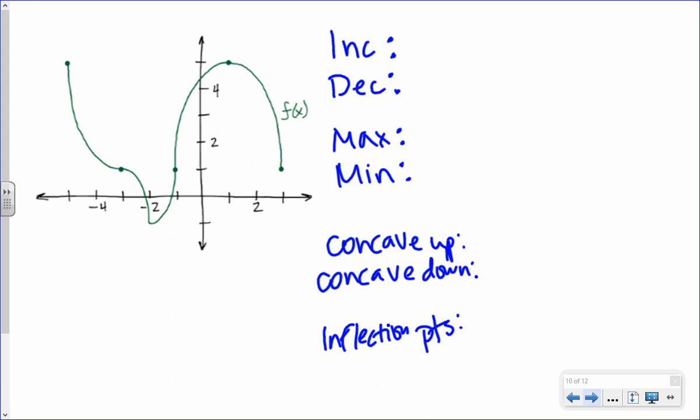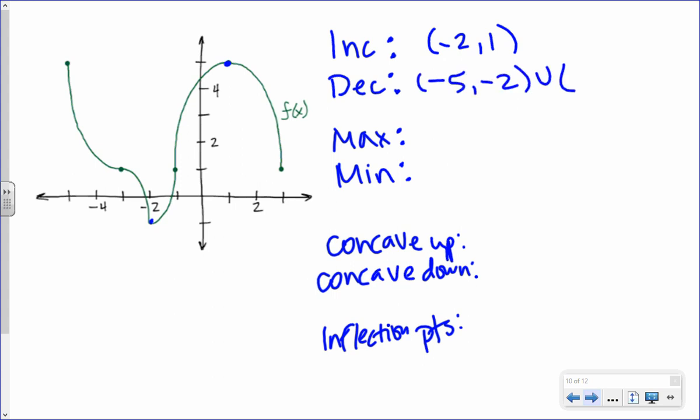Okay, so we're going to look at everything all together. Increasing. This function is increasing on only one interval, -2 to 1. From here to here, this function is decreasing. Negative, here, -5 to -2.